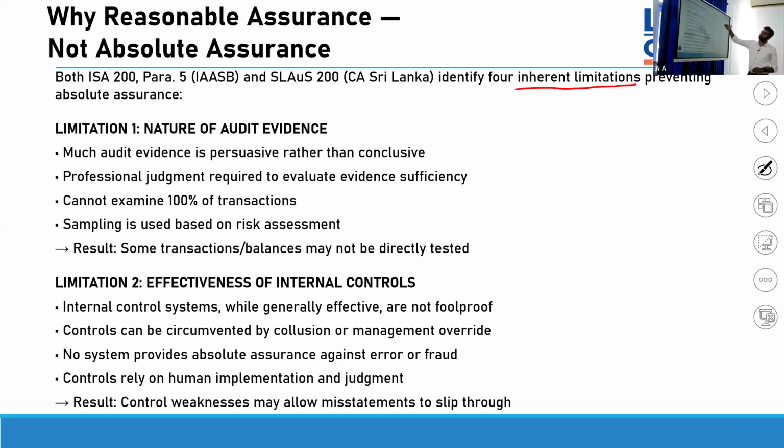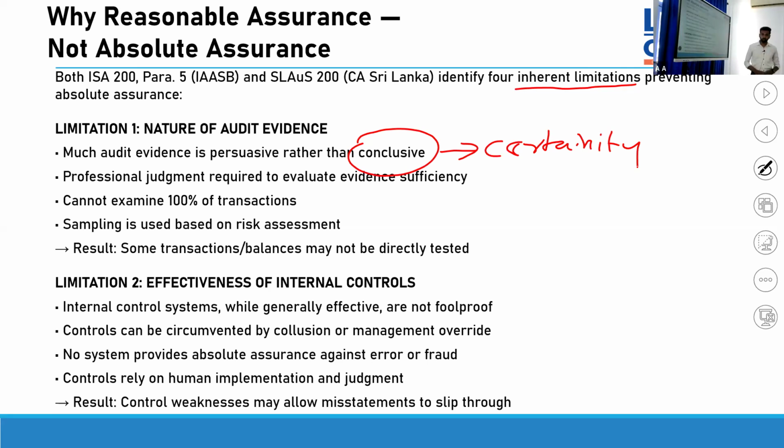One is the nature of audit evidence, which means when we are conducting an audit, we normally test samples, not the entire population. As well as, we can test any kind of evidence, but we can't say that evidence is conclusive. The certainty is in question.